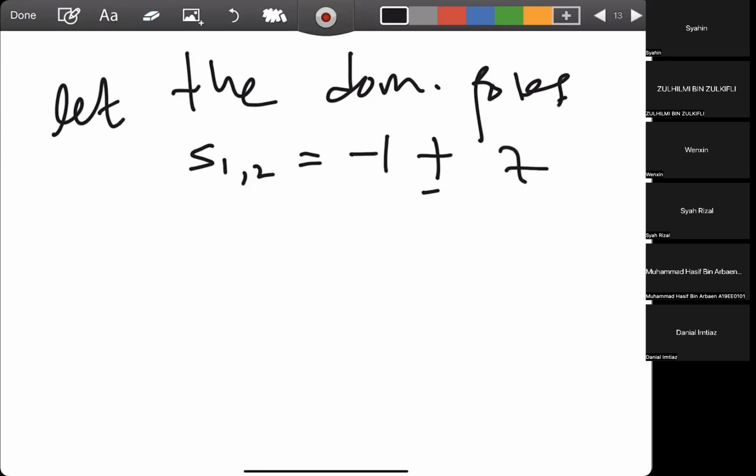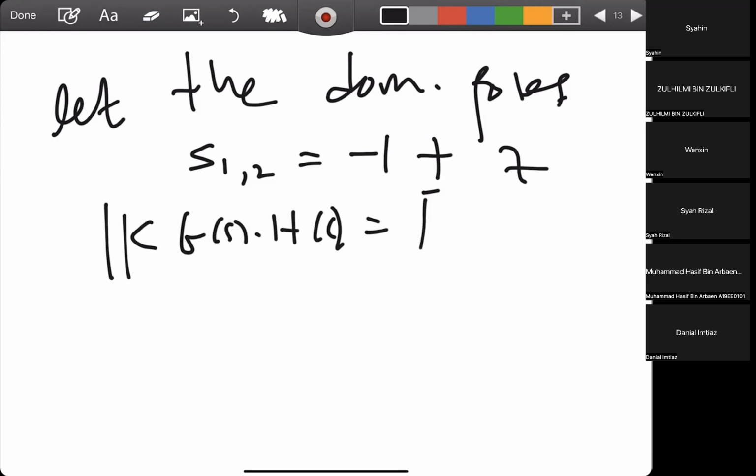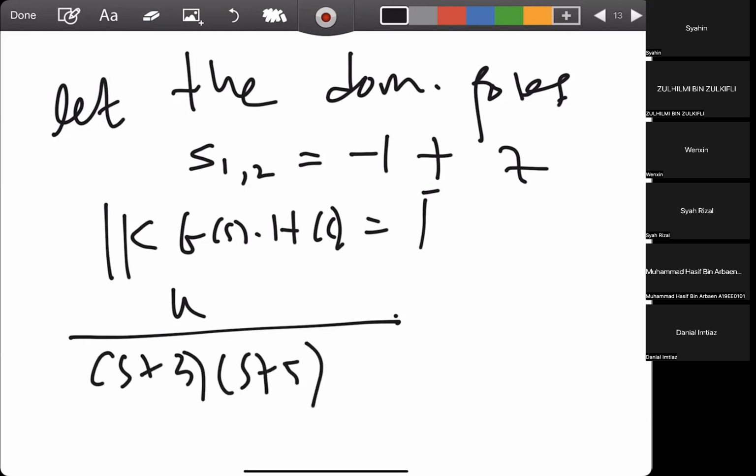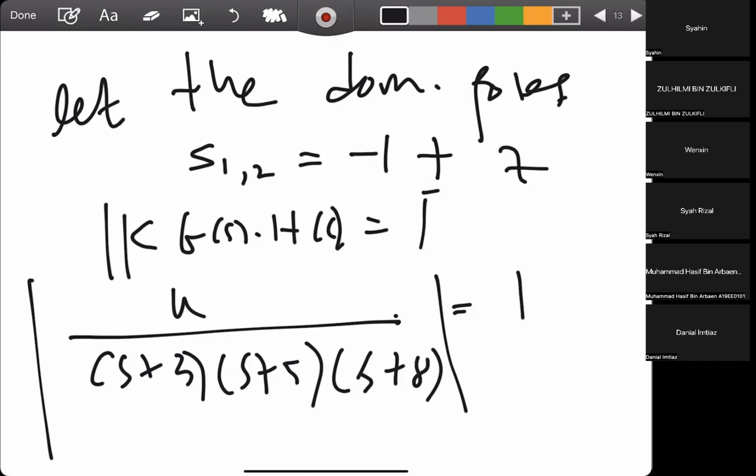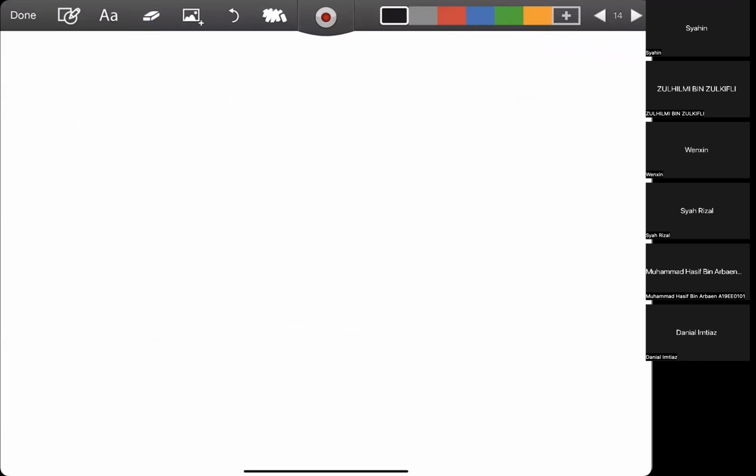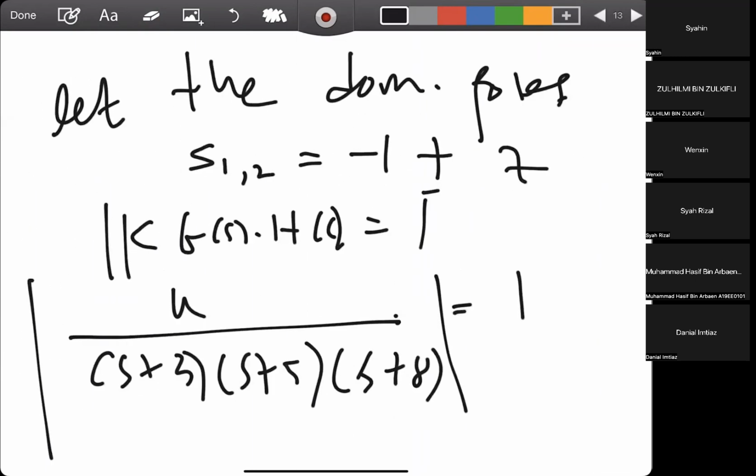So K over s(s plus 3)(s plus 5)(s plus 8). So what is the value of K? K will be 580. How did I get K 580?